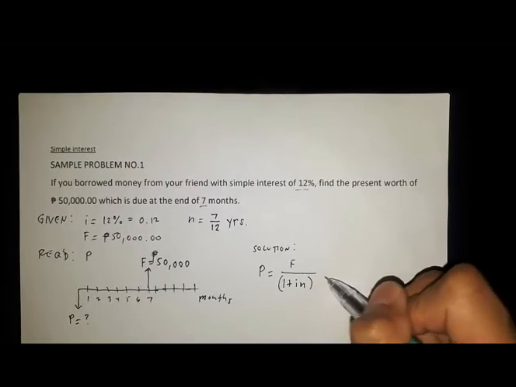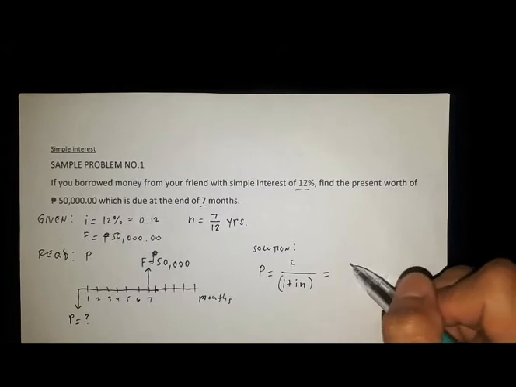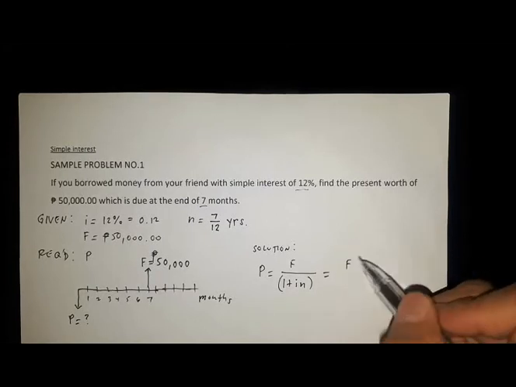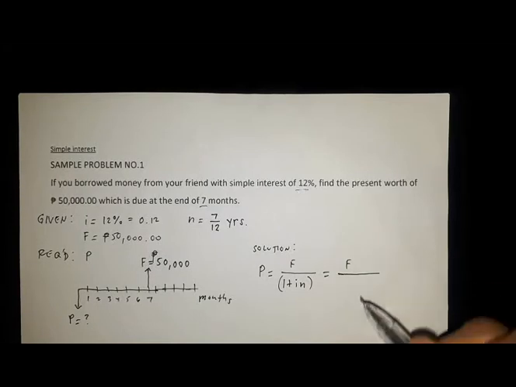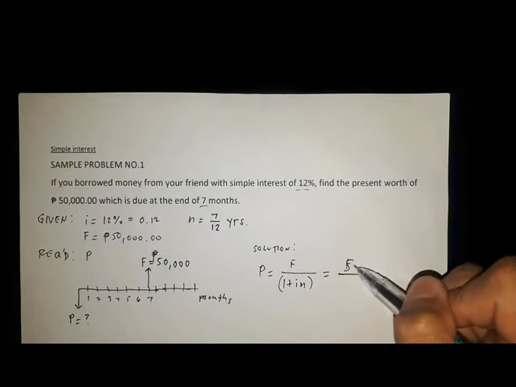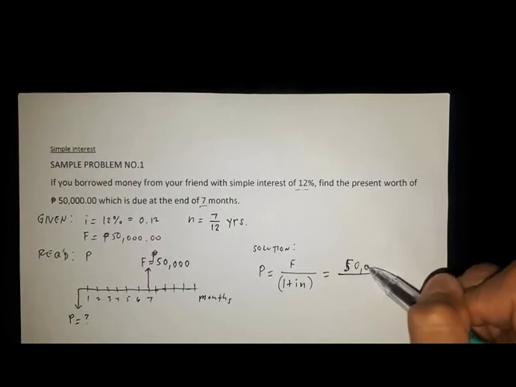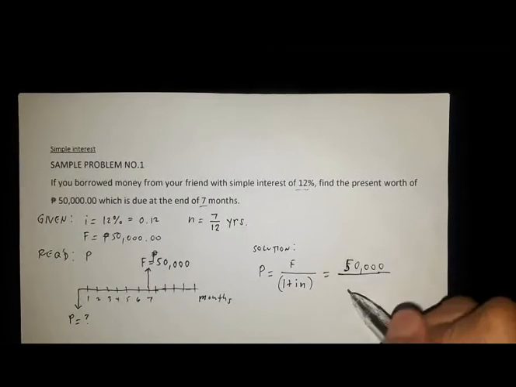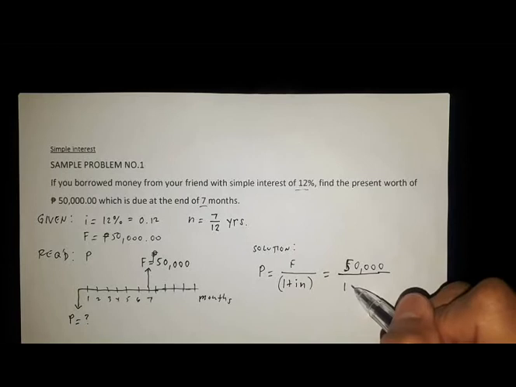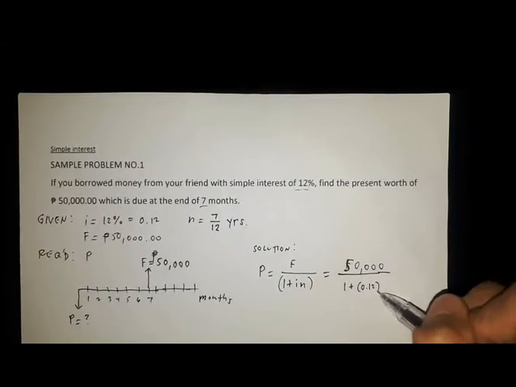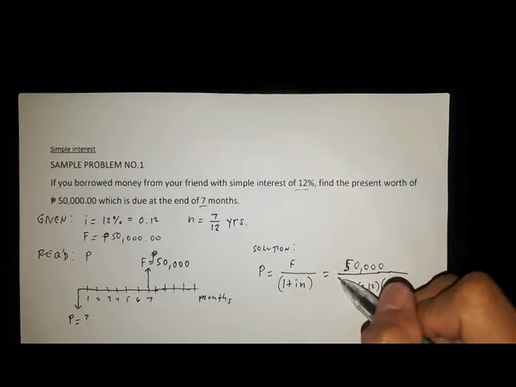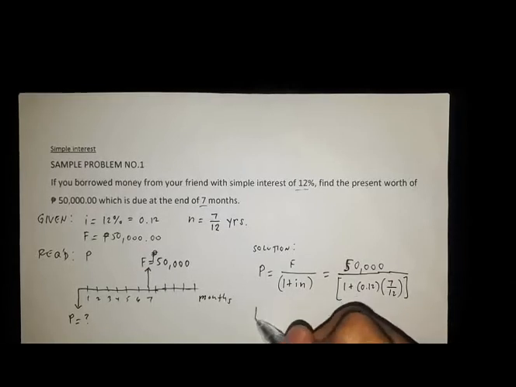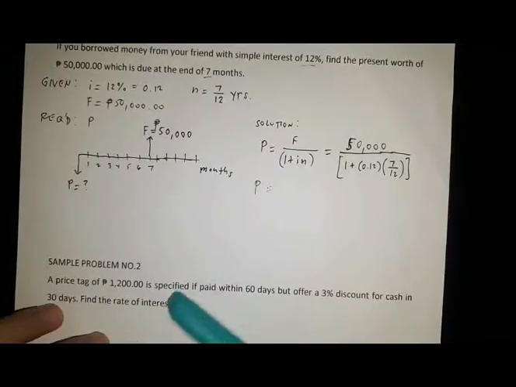So we have F, which is 50,000, divided by 1 plus i multiplied by n of 7 over 12. I forgot my calculator, so let me get my calculator first.